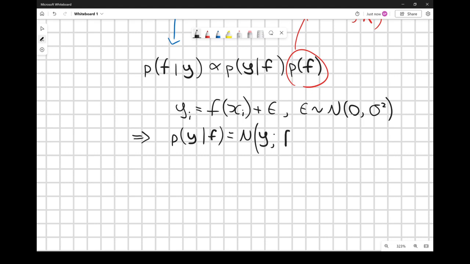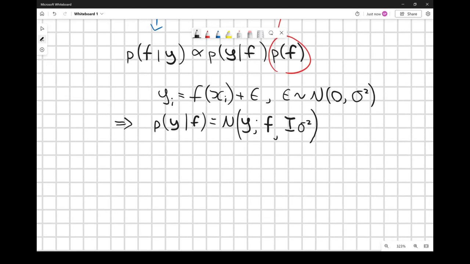The mean is this vector of f's. So again, this is f evaluated from x1 to xn. Here we're talking about y at the input points x1 to xn. And its covariance matrix will just be the identity matrix multiplied by sigma squared, i.e. the noise variance.